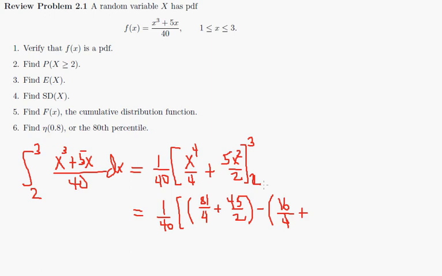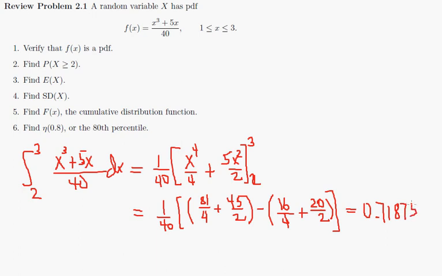And then plugging in 2 here, we get 5 times 4 for 20 over 2. So this is the probability that x is between 2 and 3. And so we plug into the calculator, and we get our answer of 0.71875.